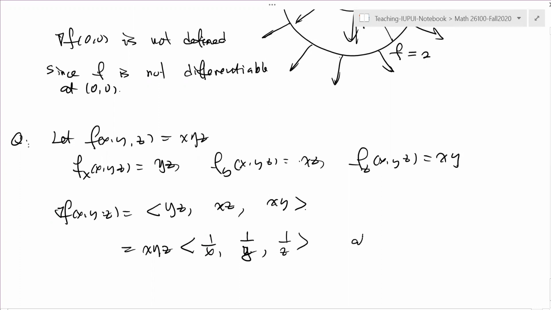So at any point x, y, z, the product is not going to be 0, otherwise you cannot take xyz out, because one of x might not be defined, maybe one of y is not defined. So in general, yz, xz, xy are all defined for any values of x, y, z. But if you want to take xyz out, you get 1 over x, 1 over y, 1 over z, and the denominator cannot be 0.